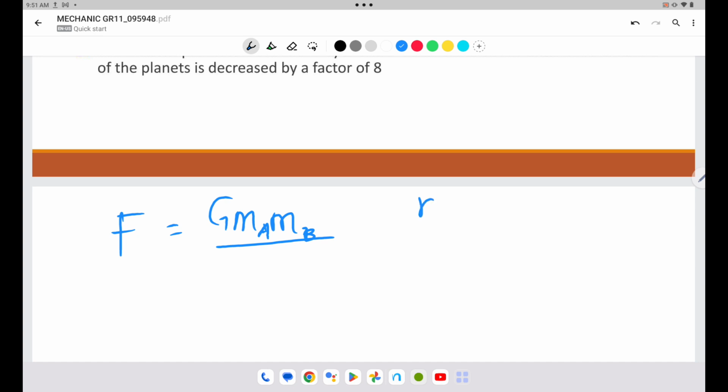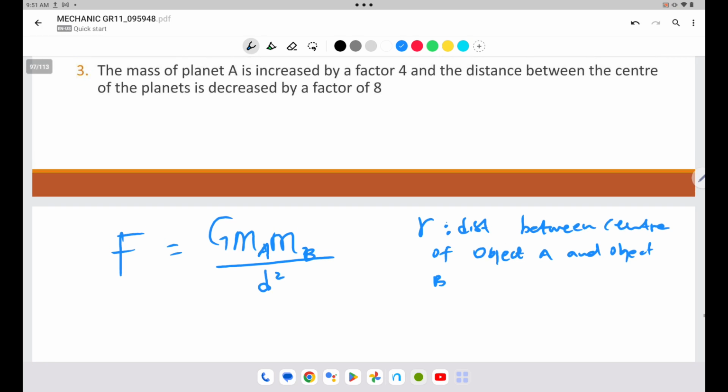What is r? Remember, r in the previous video was the distance between the center of object A and the center of object B. This time we were told that distance r is d, so we have d squared from the statement.